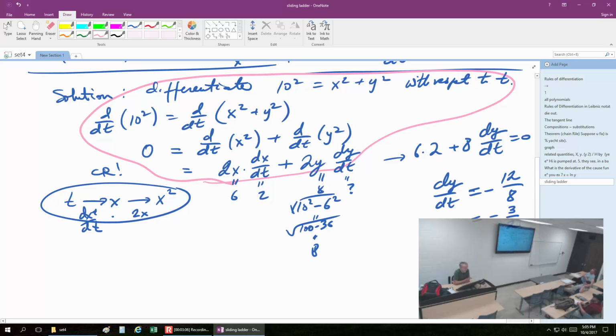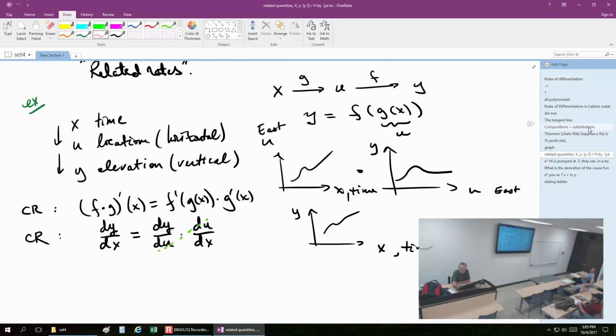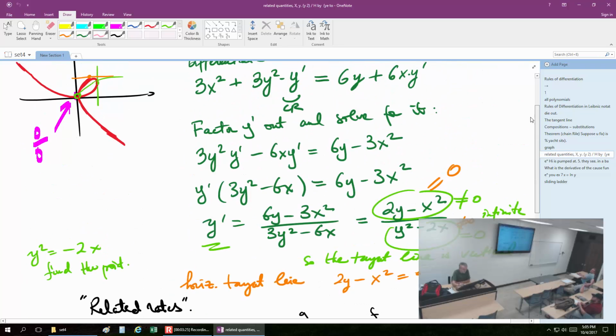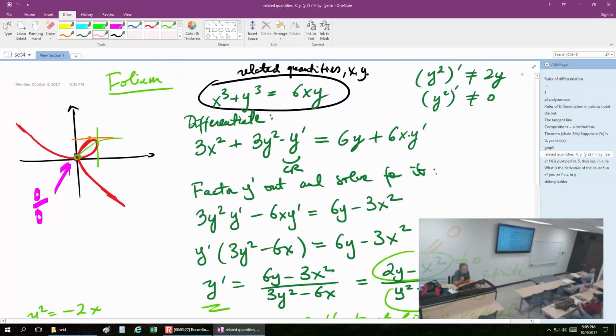Okay, so differentiate a relation with respect to a variable which may or may not be present in the equation. So x and y are two quantities related to each other as we have seen them before. It looks very similar.